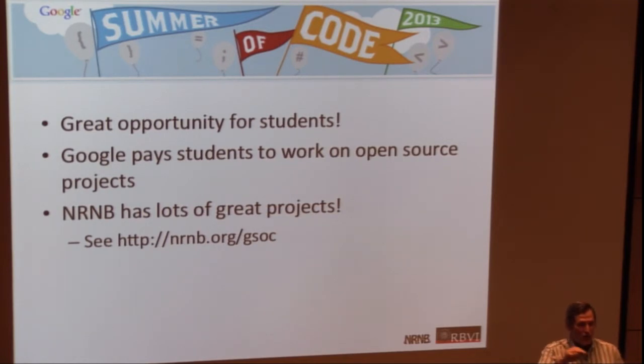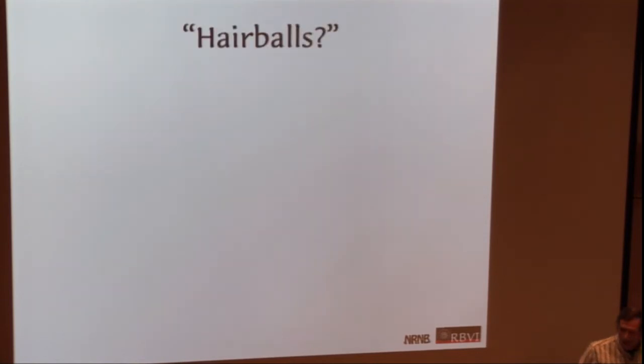Google pays your student to work on our software. They can publish it and put it up. There are no restrictions there, but they get paid to do it. There's the URL. Check it out. We hope to get about 10 or 12 students this year, and the pay is apparently pretty good. They get paired with somebody from the Cytoscape core team.